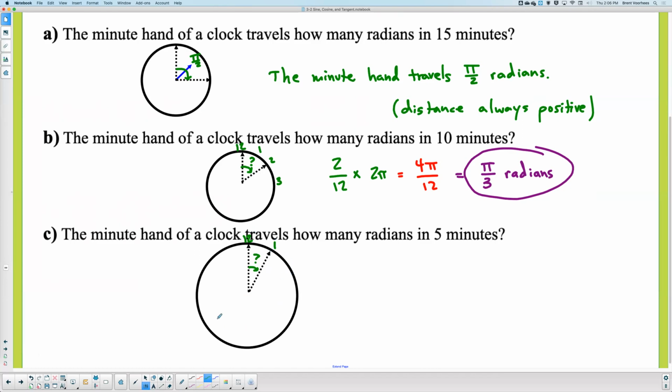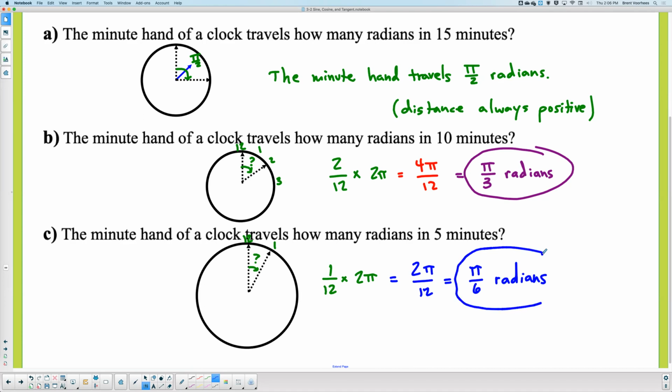How much of the clock did we travel by proportion? 1/12. Okay, how much would it be to go all the way around? 2 pi. So if I multiply that out, 2 pi over 12, can that simplify? 1 pi over 6 radians, that's right. And that would be the answer this time.